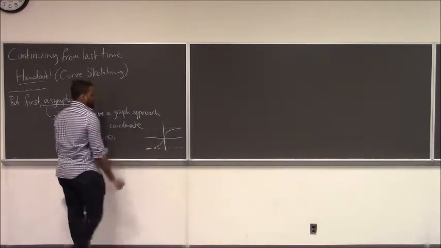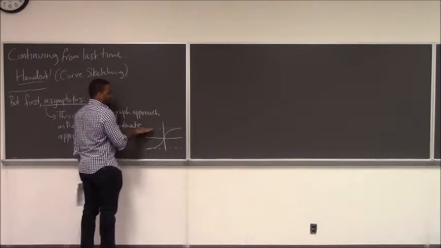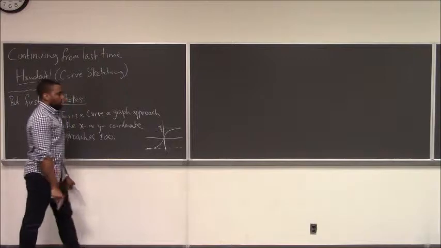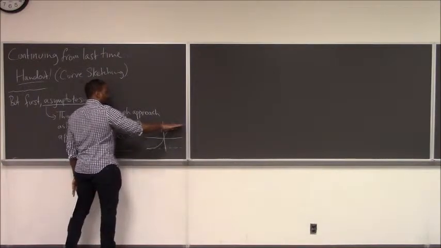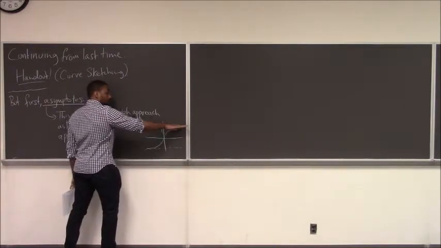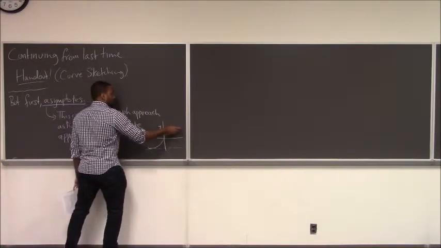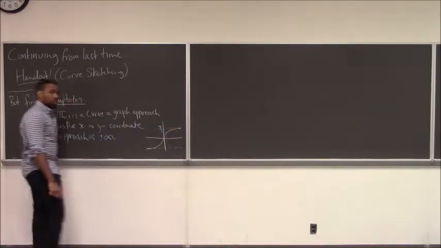So for example, you're looking at the arctangent graph. The line on the arctangent graph, the line y equals pi over 2, is an asymptote. More specifically, it is called a horizontal asymptote because it is a horizontal line, and it's just the line that your graph will approach as your x-coordinate goes towards infinity.